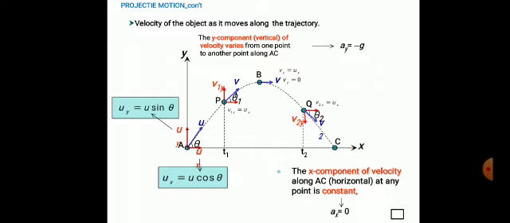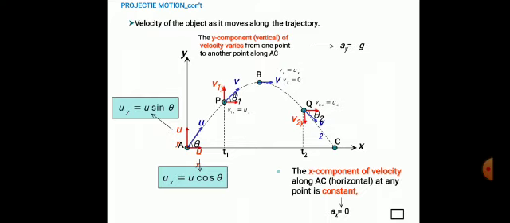We can see that the velocities vary for the y component, meaning that at point A, the uy is longer compared to the v1y at point P. And at point B, which is at maximum height, there is no vy at all.